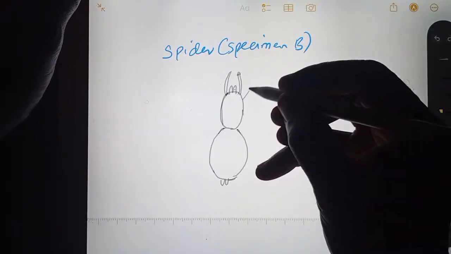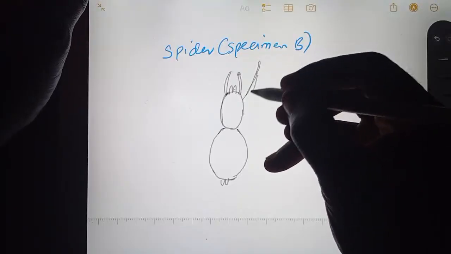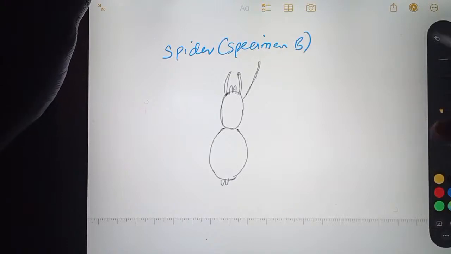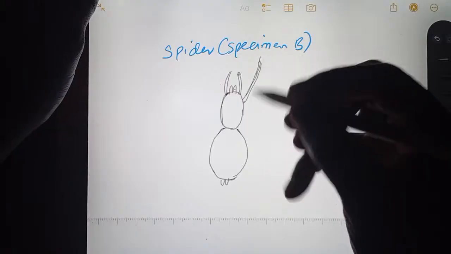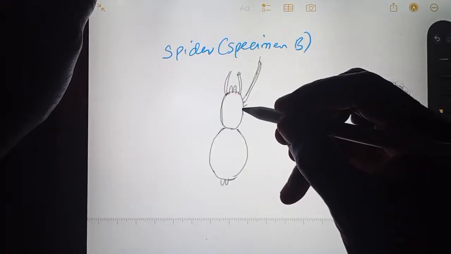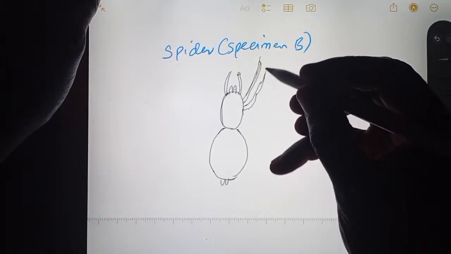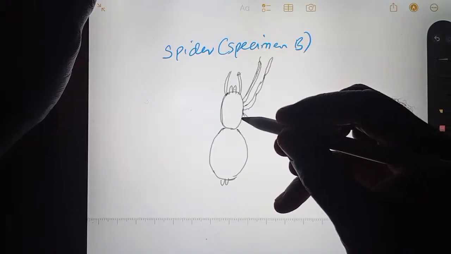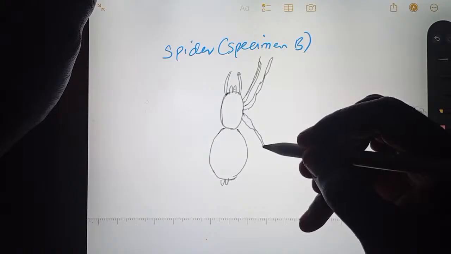4 pairs of walking legs, jointed pairs of legs. Then the first two should point up, then the next two will point downwards.